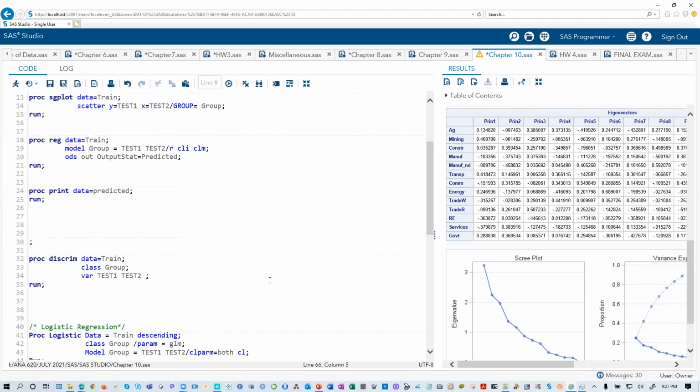GLM means a general linear model in which it's going to pretty much cover all the models, linear, non-linear, all kinds of models. Okay, let's go to this one. I'm going to show this here.